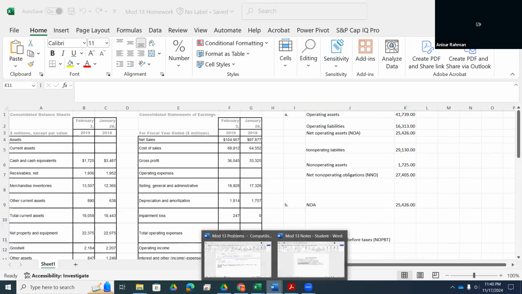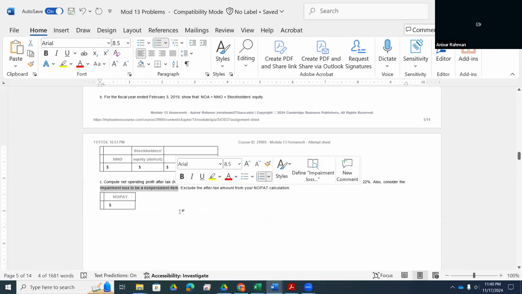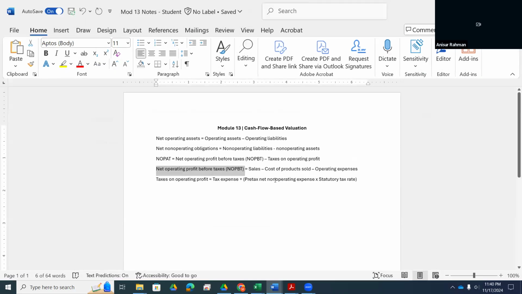Now, this question also tells us that impairment loss is non-persistent. So what that basically means is we have to exclude it in calculating net operating profit before taxes, but we have to include it in pre-tax net non-operating expense.